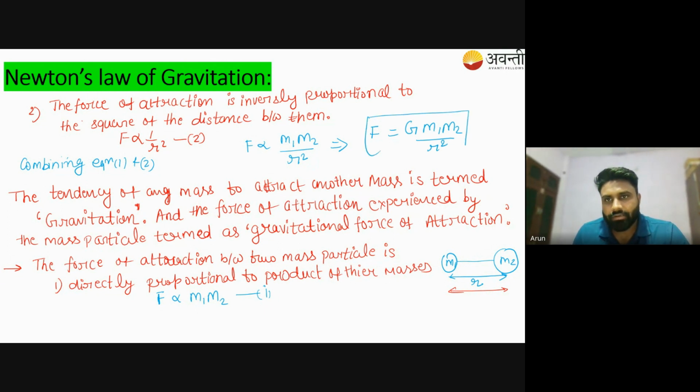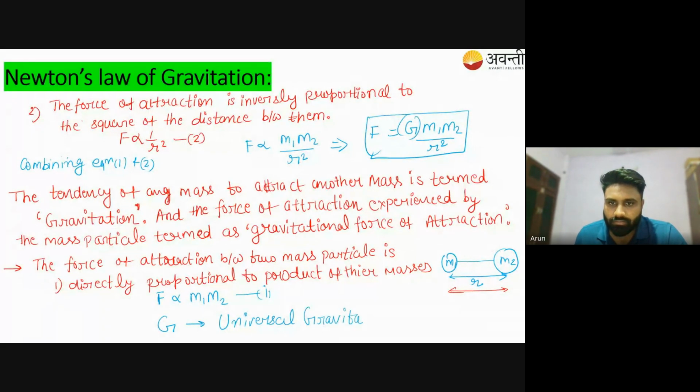This is your force of attraction. Here m1 and m2 are the masses of the particles and r is the distance between the centers of the particles. F is the gravitational force of attraction. This capital G is the universal gravitational constant.